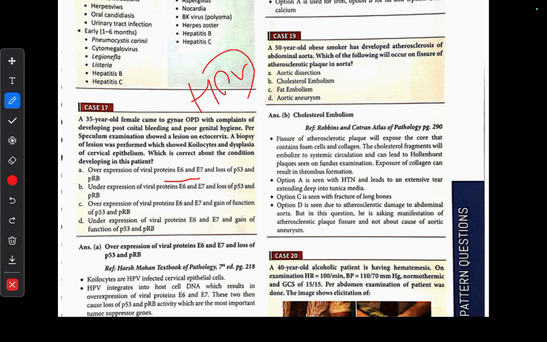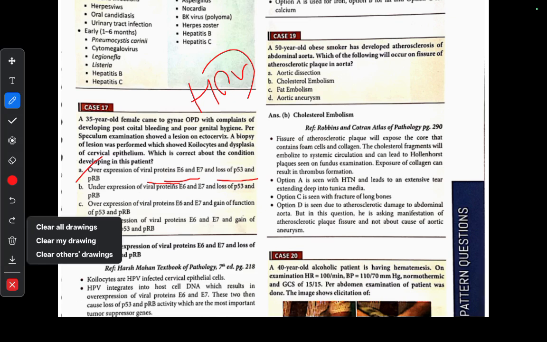Okay, I know only viral protein E6 or E7, and also let me know, is this tumor due to over expression or under expression? It must be over expression only. Over expression of viral protein E6, E7 and loss of P53 and pRB. Loss, everything will be lost. So over expression is going to your HPV. So okay, done.